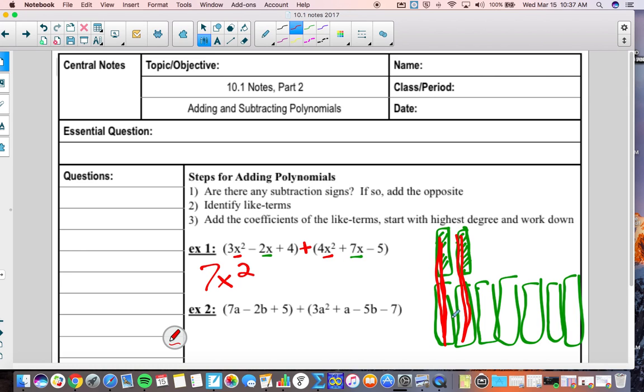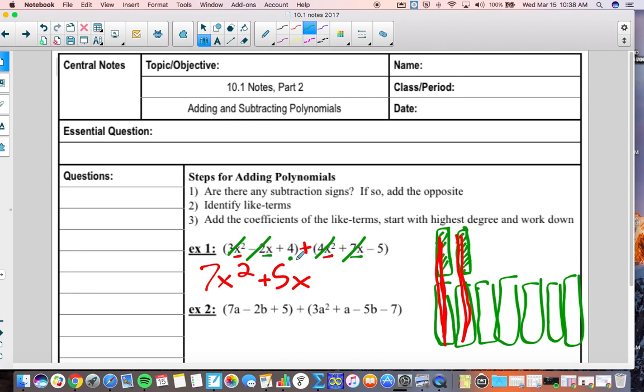So this is 0 and that's 0, so I have 5 x's. By the way, sometimes people like to, I myself especially, like to cross off what we've already combined. Helps me realize if I missed something. It also helps me know that I'm simplifying, I'm getting the problem done, and then it helps me see what I still have to do.